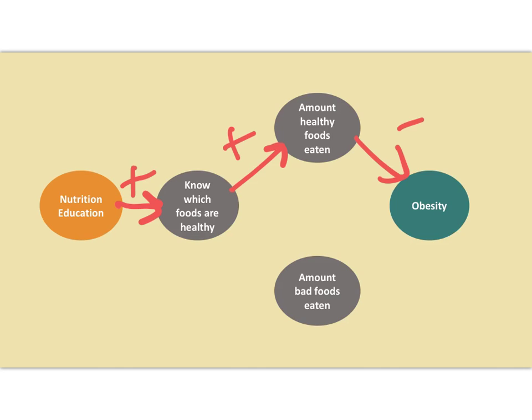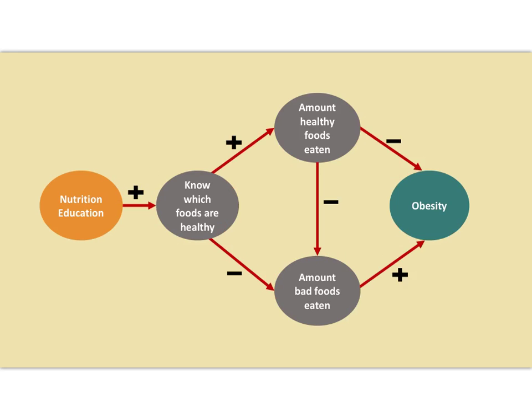But that knowledge might also decrease the amount of bad foods eaten, fewer cookies, and eating cookies and things like that is a major driver of obesity. Moreover, there can be other kinds of feedbacks and connections. If you eat a lot of healthy food, maybe you have less room for cookies and you'll eat less of that.